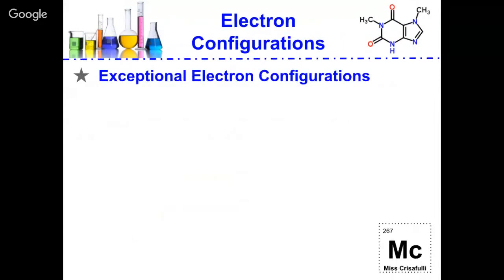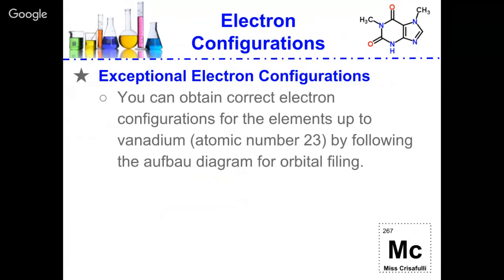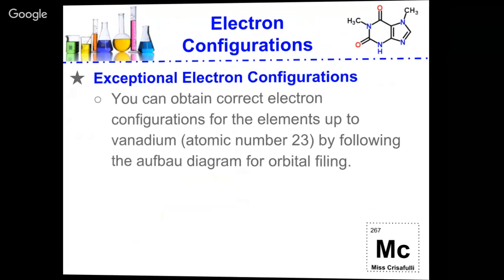Now, there are exceptions to the electron configuration. So we have exceptional electron configurations. You can obtain correct electron configurations for elements up to vanadium, which is atomic number 23, by following the Aufbau diagram for orbital filling.